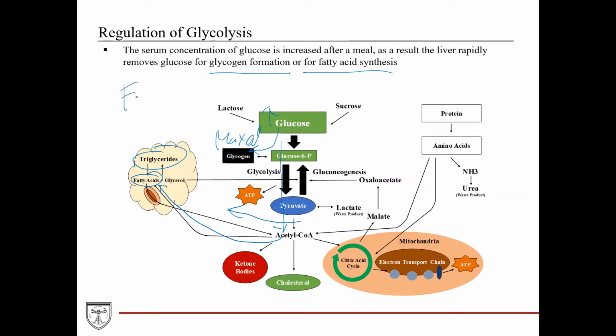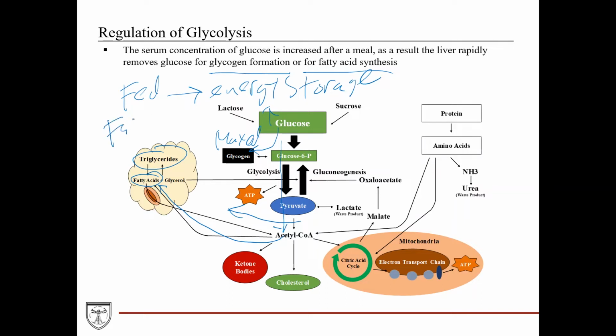So really in the fed state, you want to be thinking of energy storage, because from the body's perspective, it doesn't know when another meal is coming. So it's got to be able to store. You don't want to just blow through all the energy and use it all up, especially if you're just sitting and chilling.